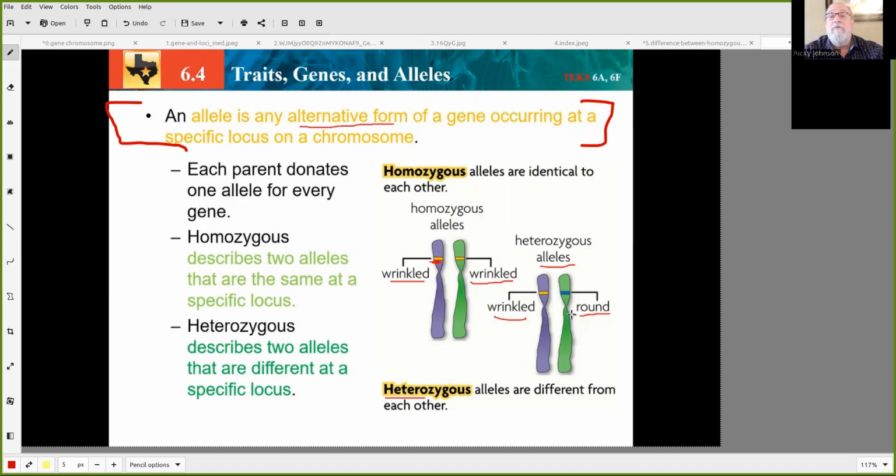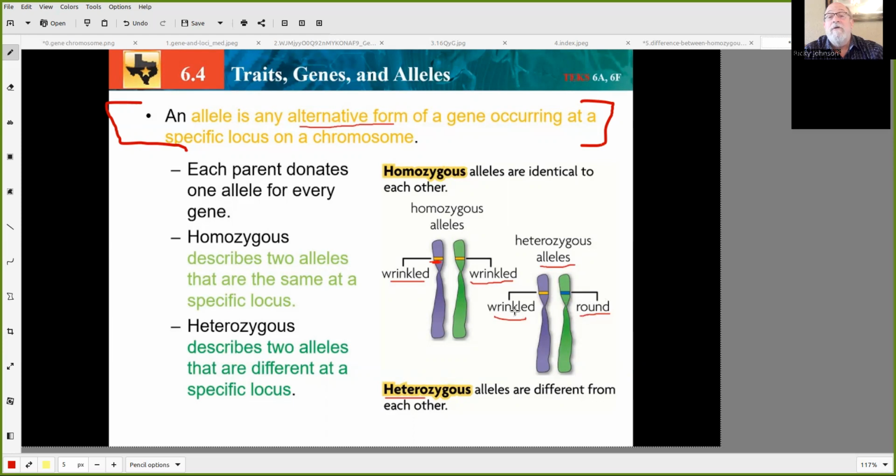However, one thing we do know is that this one is not round, and we also know this one is not round, because I'm assuming that wrinkled is dominant. We know that if wrinkled is dominant, then it might be wrinkled or it might be some combination of wrinkled and round, but we do know that it's not going to be round if round is the recessive trait. So there's dominant traits, recessive traits, and you have to learn that on each trait.